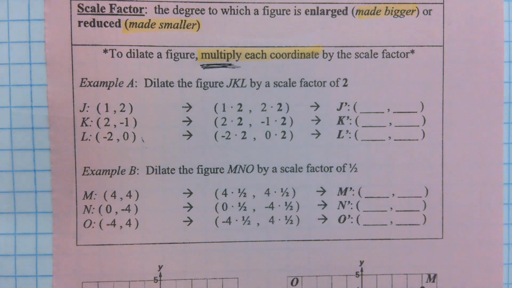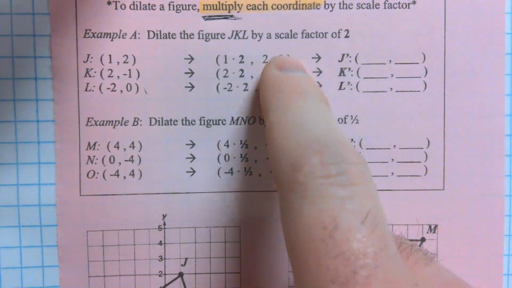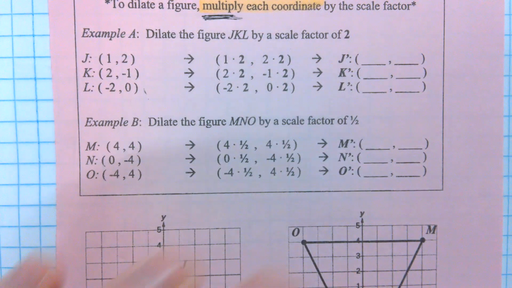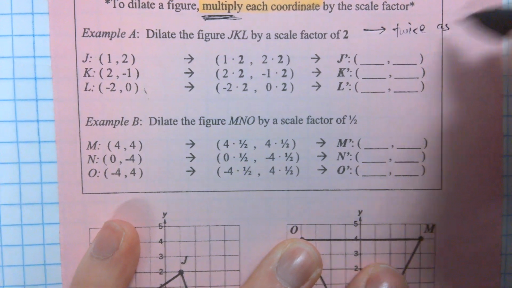So in example A, we're going to dilate the figure JKL by a scale factor of 2. Here's JKL right here. It's a rather small triangle. And if we're dilating it by a scale factor of 2, what we're doing is making it twice as big.